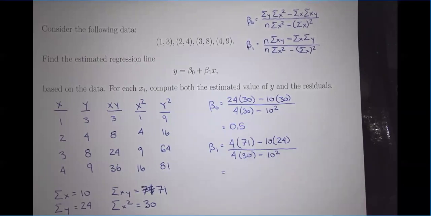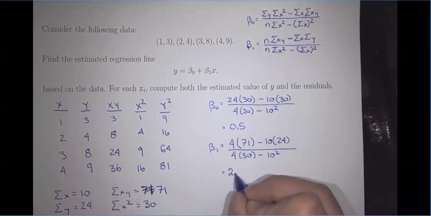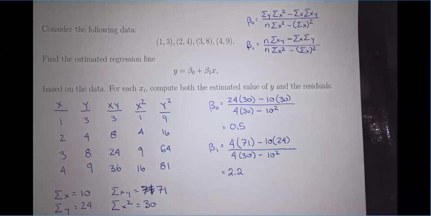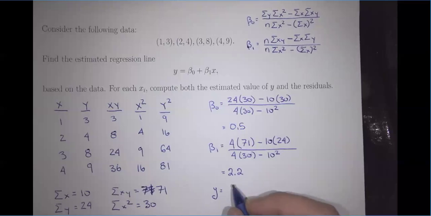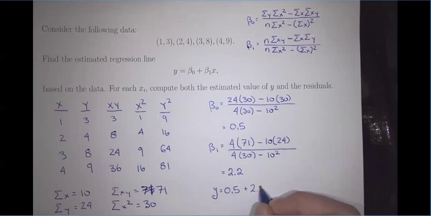And if we put that into the calculator, we get 2.2. So that means that our y in this model is going to be equal to 0.5 plus 2.2 times x.